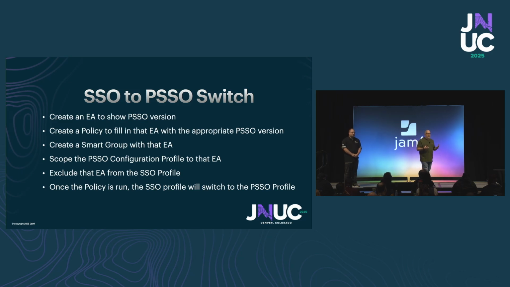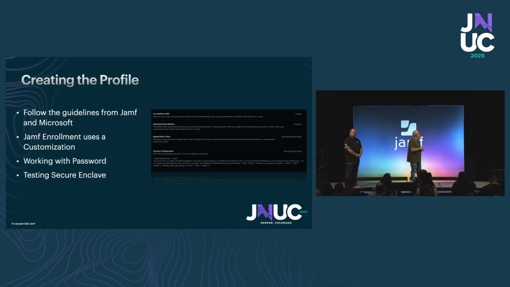This also helped me in testing, something I could put in Self Service and actually test different profiles to see what we needed. So creating that profile, I followed all the guidelines from Jamf and from Microsoft. We are doing password sync.